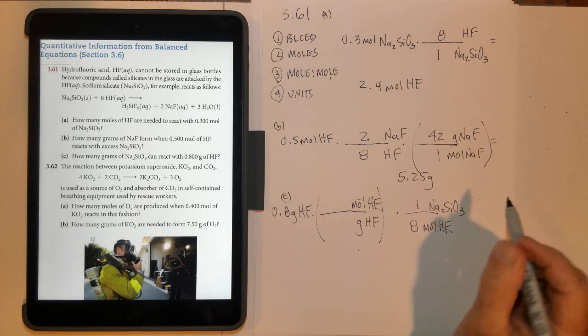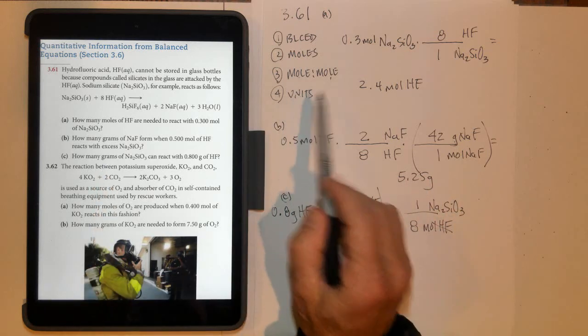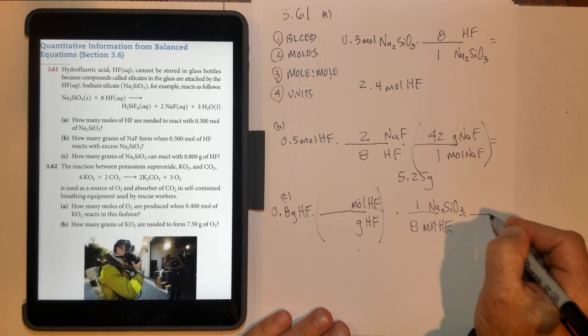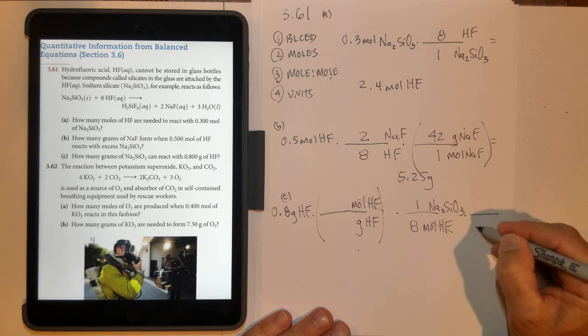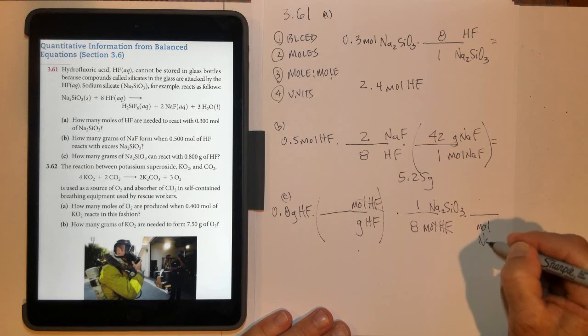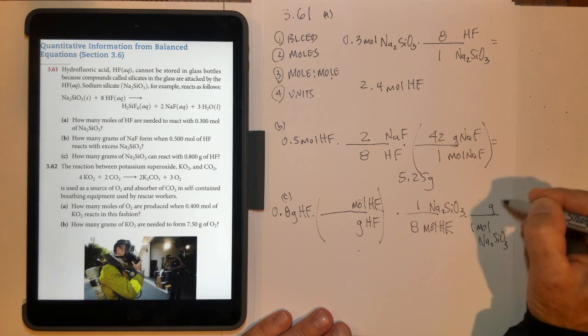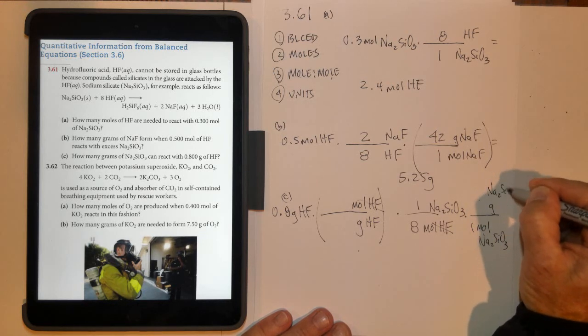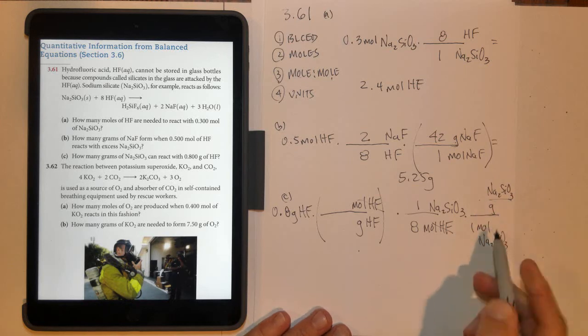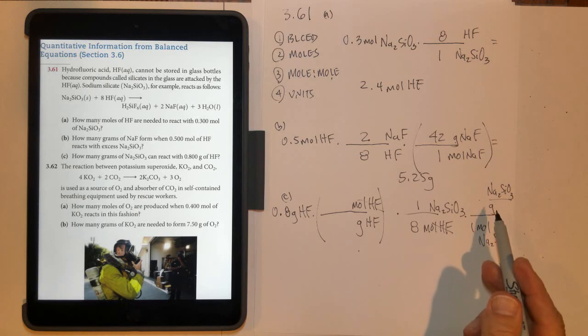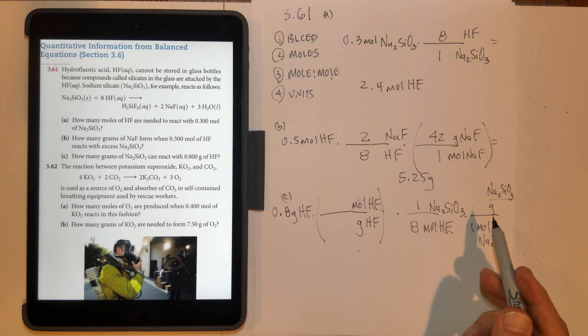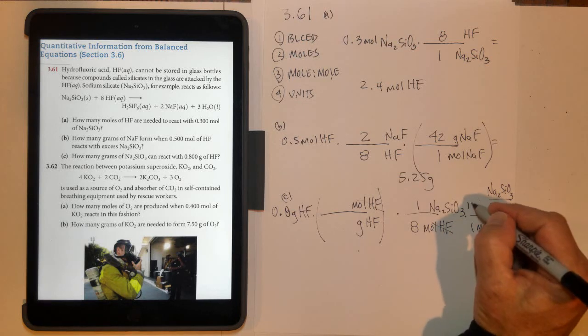And then it asks how many grams, so I have to do step 4 and convert to the asked for units. And so I will put moles of the Na2SiO3 down here on the bottom, and I will put grams of the Na2SiO3 up here on the top. I've got to add up Na2SiO3 on the periodic table, and that adds up to be 122 grams.